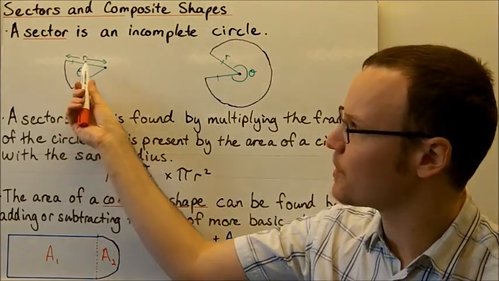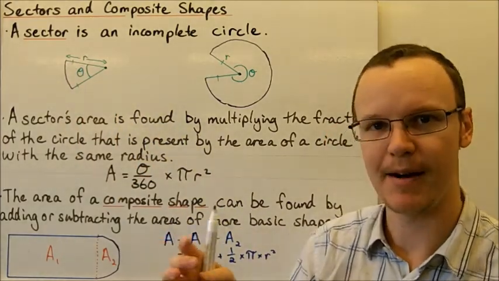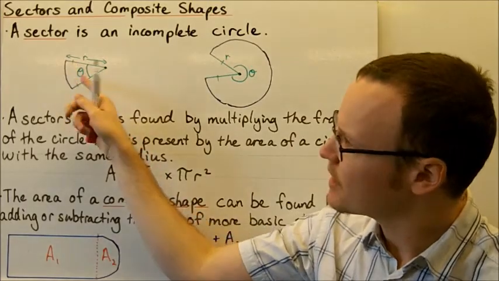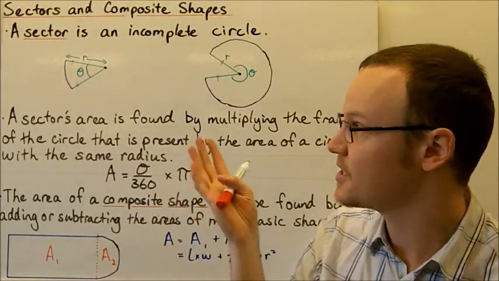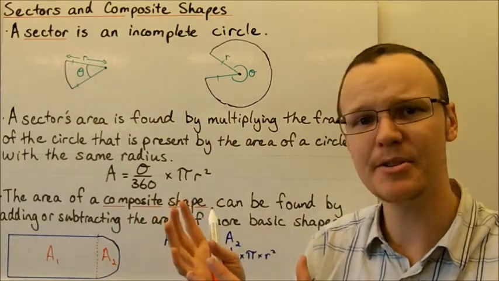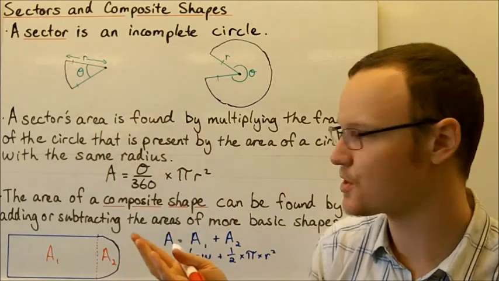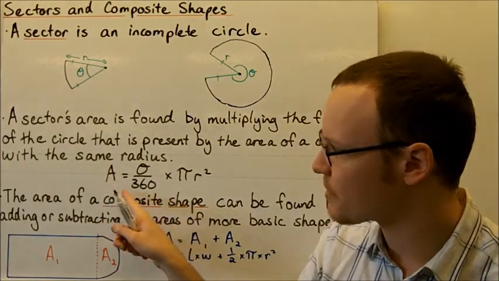So here we'd be multiplying by whatever that angle is out of 360. This angle here might be 60 degrees, so that's 60 degrees out of the 360 degrees that would make a total circle.